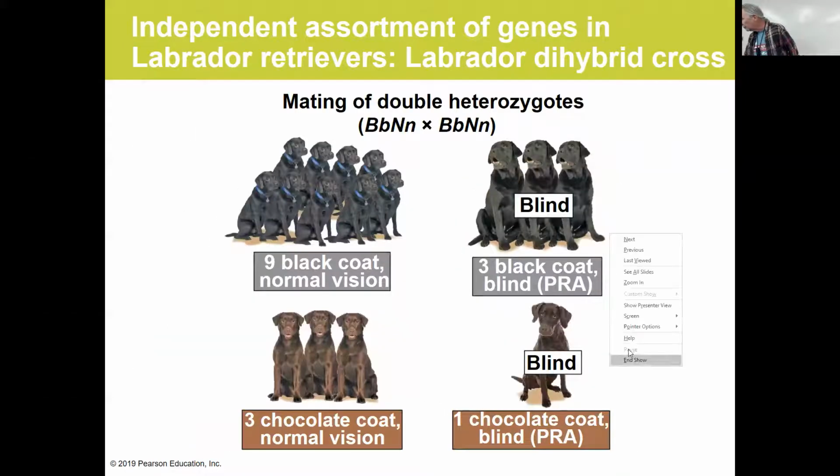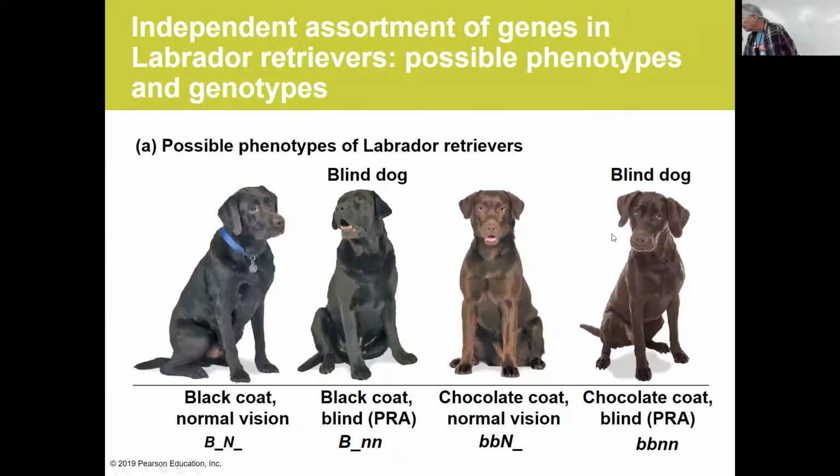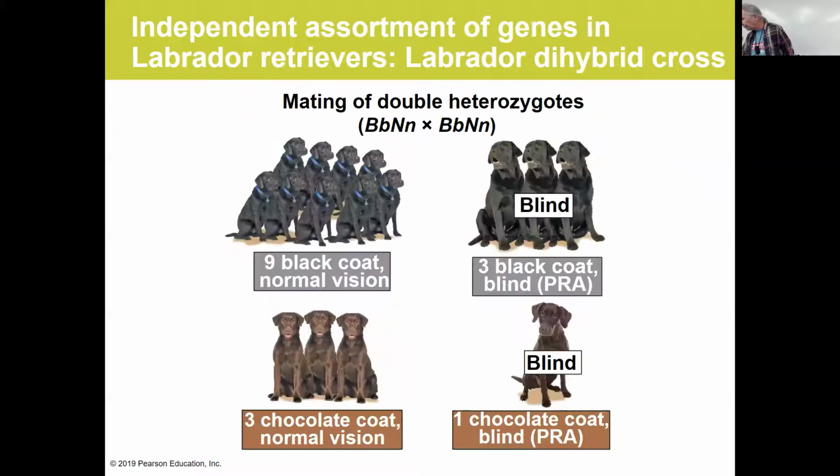So there are the 4 phenotypes, and those are the possible genotypes for each one of those phenotypes. And you're mating 2 double heterozygotes, big B, small b, big N, small n, times big B, small b, big N, small n. What's the phenotype of both of those parents? Black, normal vision, because they have a big B and a big N.